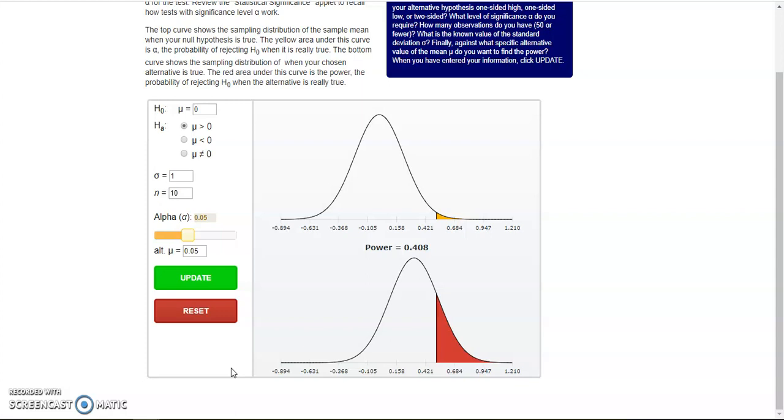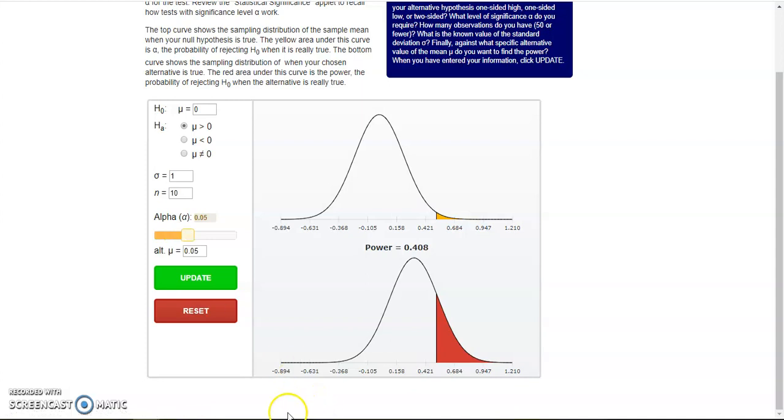Now remember, alpha represents the type 1 error, so you might not want to do that because you're going to increase the probability of rejecting a true null hypothesis. If the null hypothesis is actually true, it's more likely that you're going to reject it if you have a more liberal cutoff, an easier cutoff for your p-value. So if you increase alpha, then you're going to increase power.